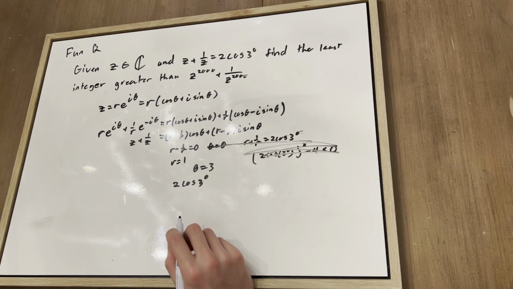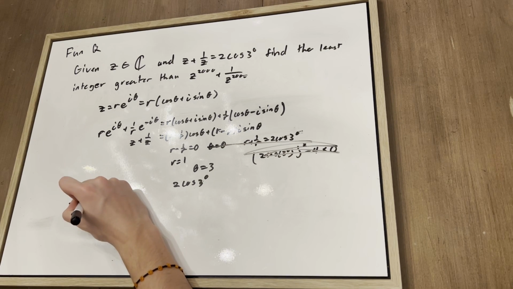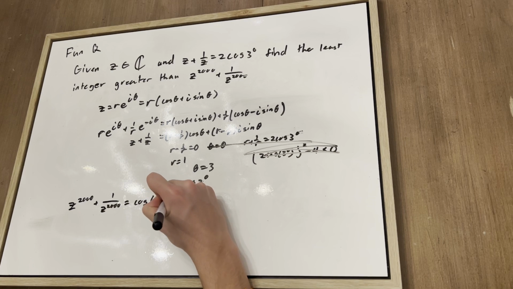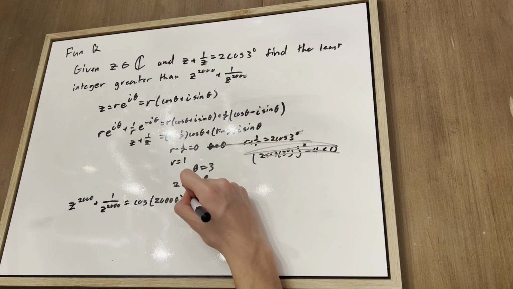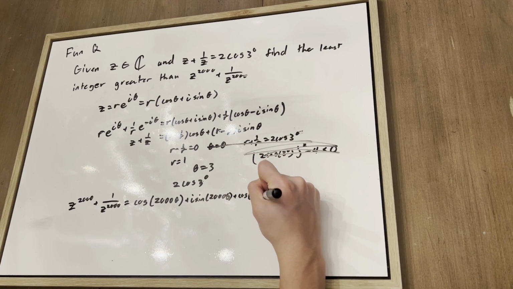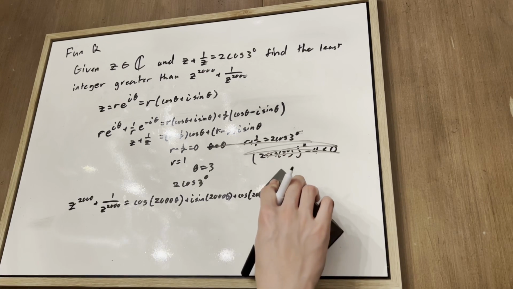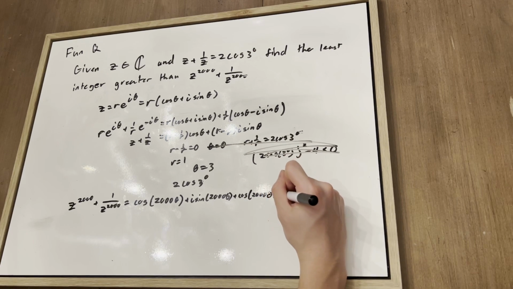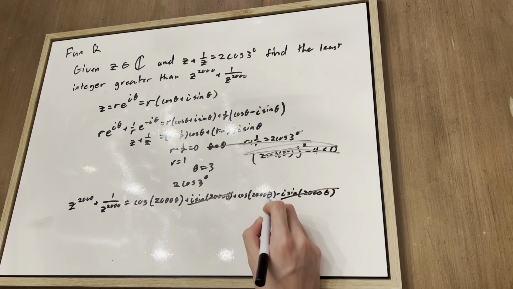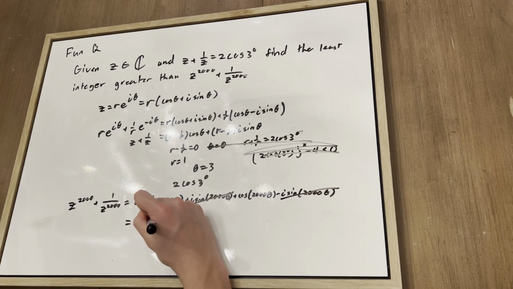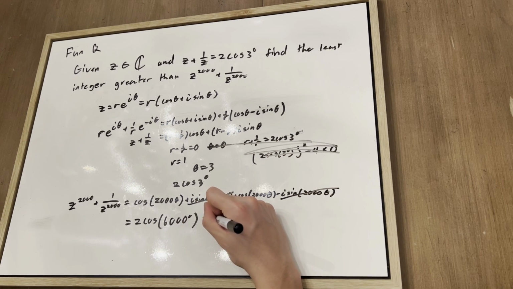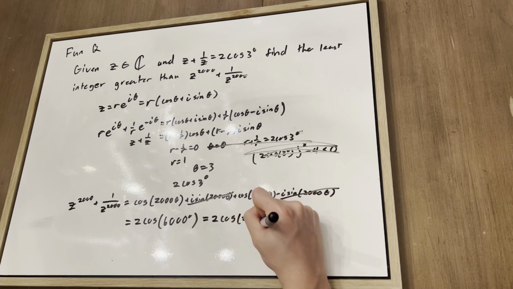So what we do next is use De Moivre's theorem to plug into here. So we see that z to the 2000 plus 1 over z to the 2000 can be expanded into cosine, and we can see that these cancel out, and then we know that theta is equal to 3, so then this finally equals 2 cosine 240 degrees, which is equal to -1.